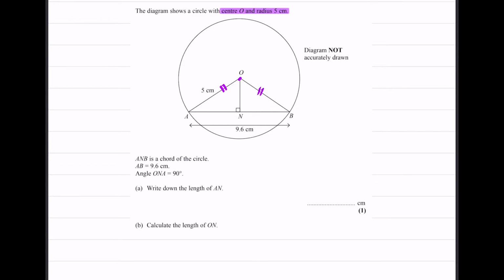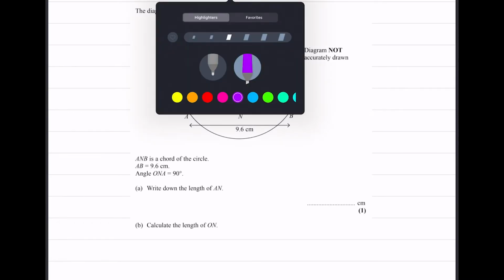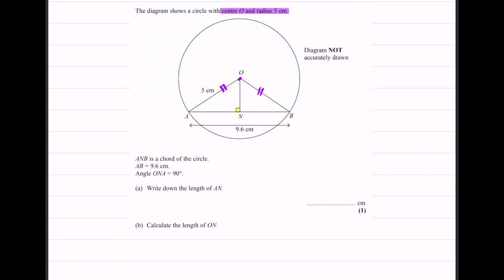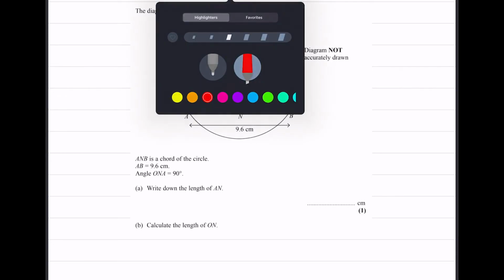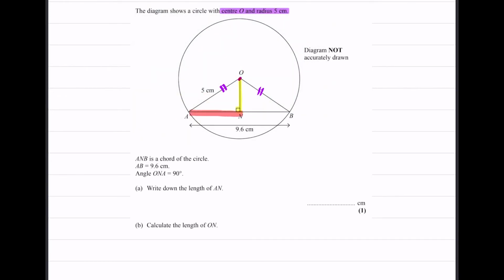Now it tells us that ANB is a chord, but I know that angle ONA is 90 degrees. This is a line drawn perpendicular from the center of a circle to the chord of a circle.